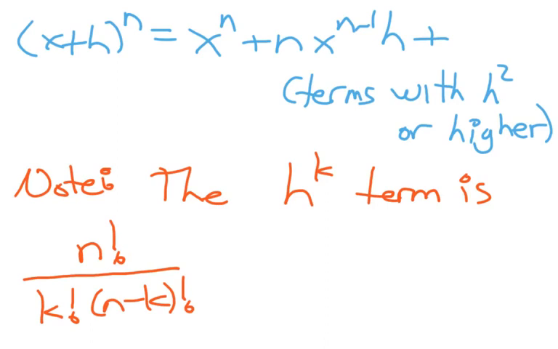If you don't know what the factorial is, feel free to read up on it on your own or ignore it. Times x to the n minus k, h to the k.